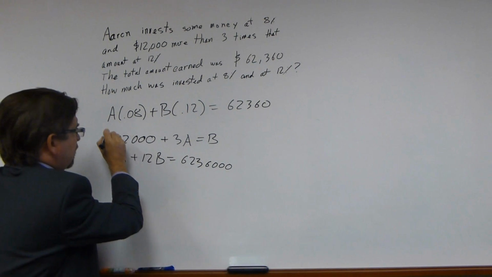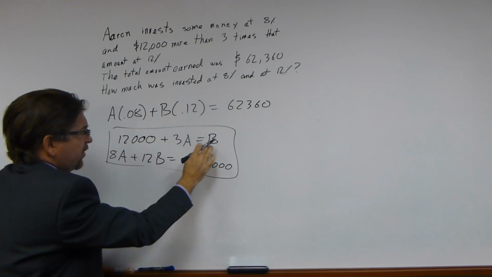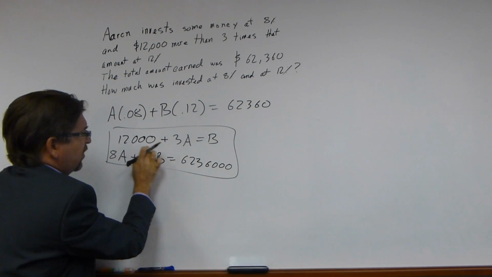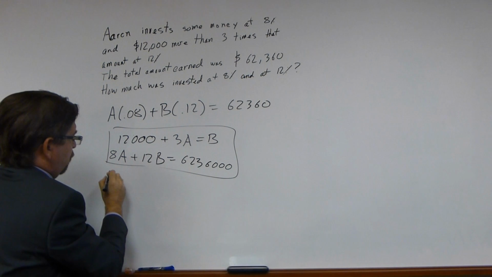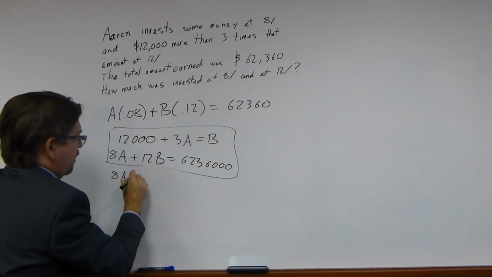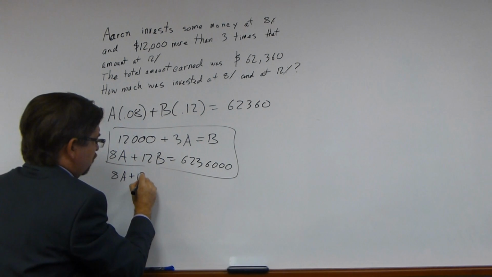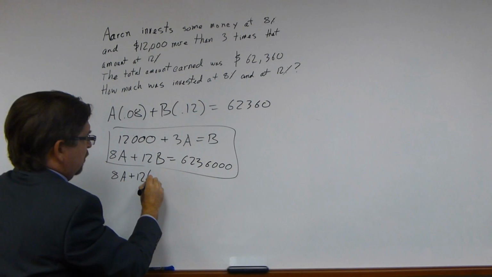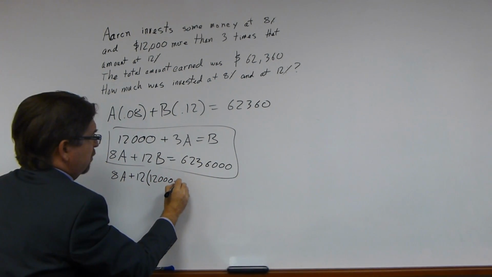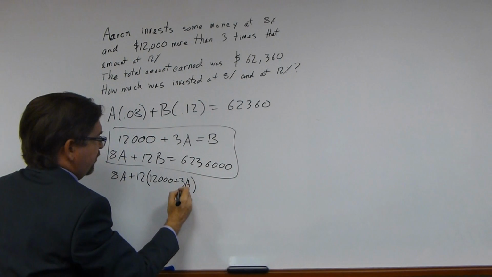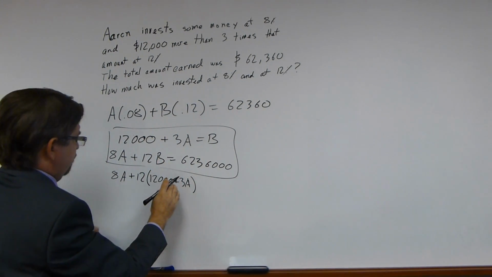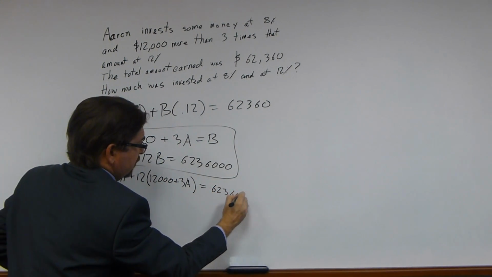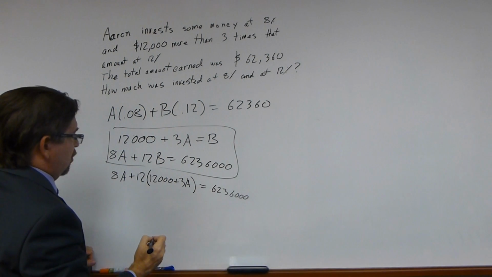I did that just to make it easier for us. Now, these are our two basic equations we're starting with. This b right here is really the same thing as this. So I'm going to write 8a plus 12 times (12000 plus 3a) equals 6236000.